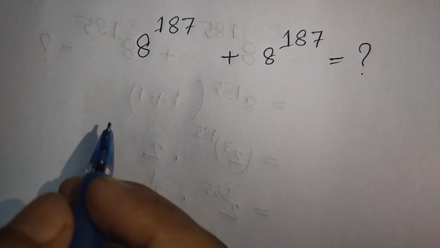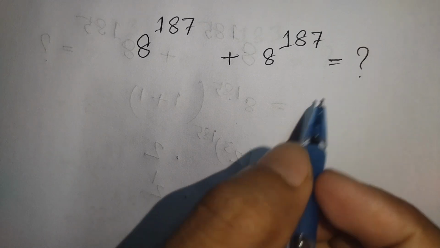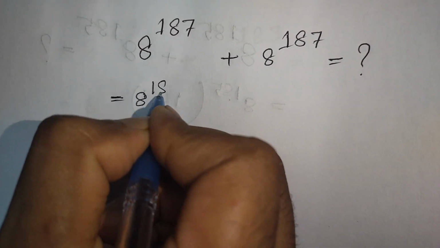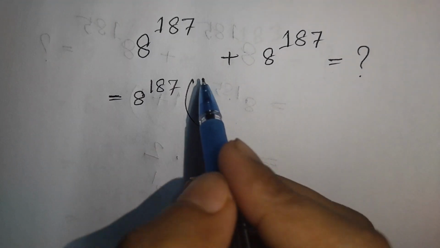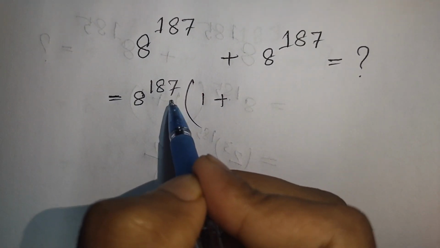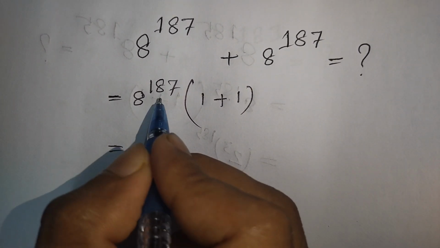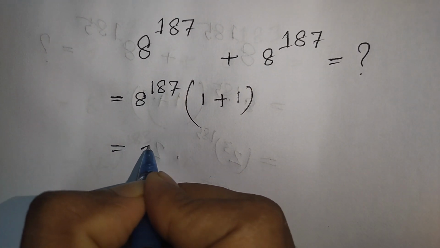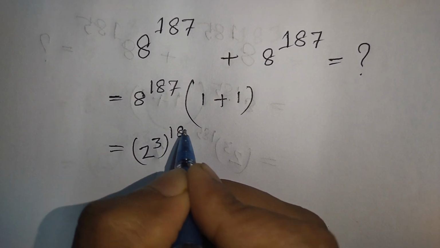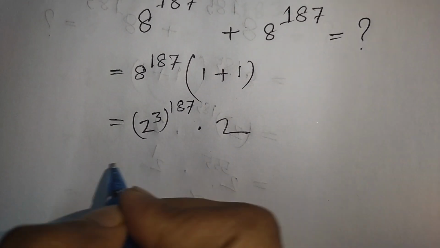So how to solve a to the power 187 plus a to the power 187 is equal to what? At first we take common a to the power 187. First bracket start, this divided by this, that means 1, plus this divided by this, that means 1. Then a to the power 187 is same as 2 to the power 3, bracket, to the power 187, times 1 plus 1, that means 2.